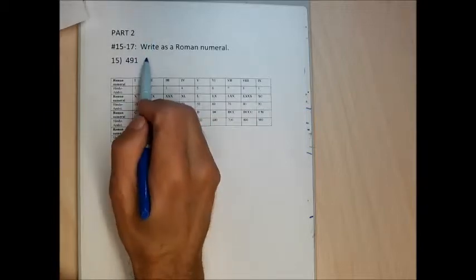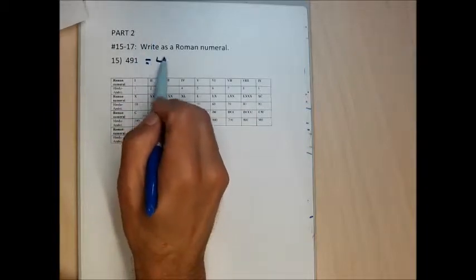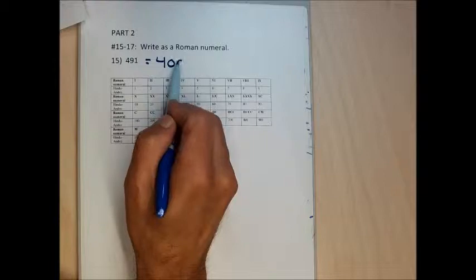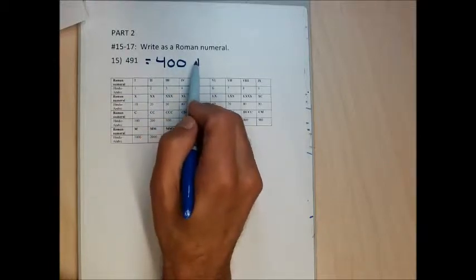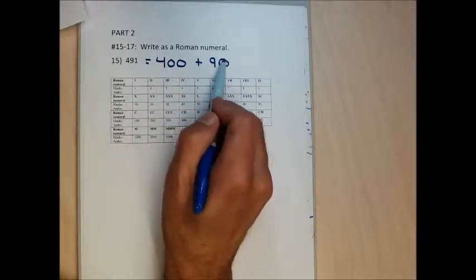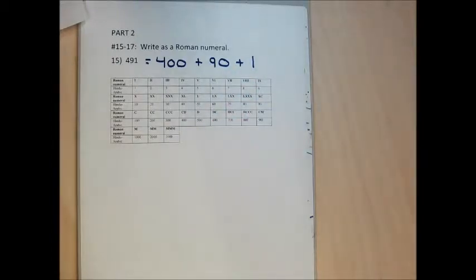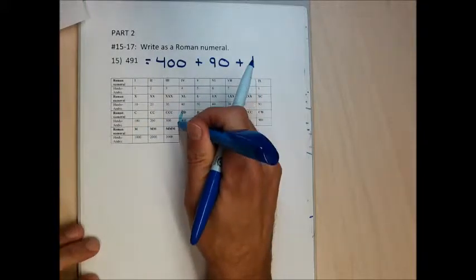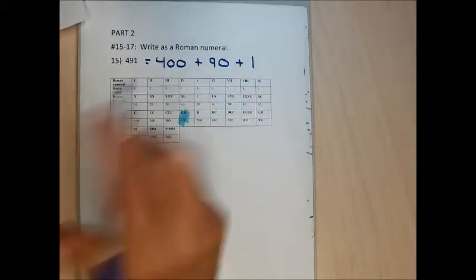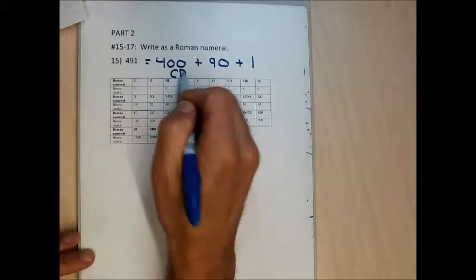In order to do this, I'm going to take any number that's given and break it up into its hundreds part, its tens part, and its ones part, or thousands if it had thousands. And then I'm just going to go through and figure out what each value is from the table that's going to be given to you on the test, that you don't have to have memorized. So the 400 part of this is a CD.